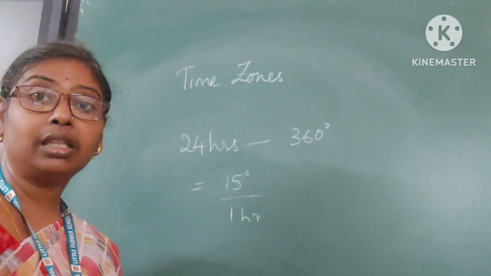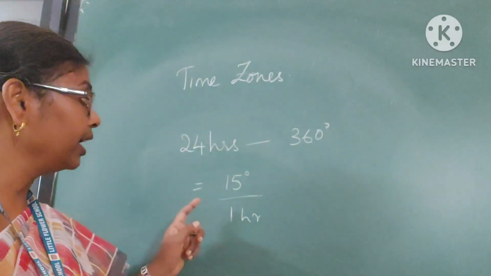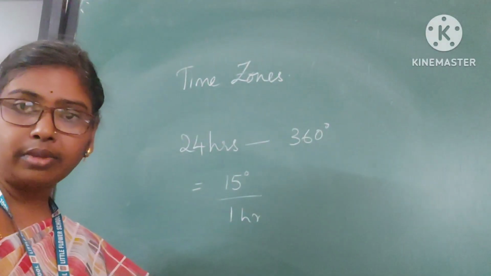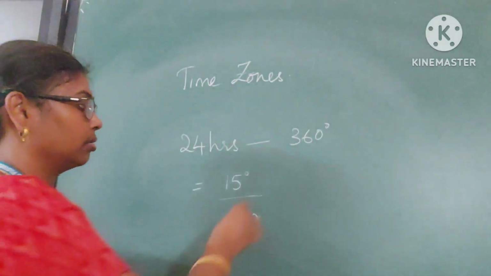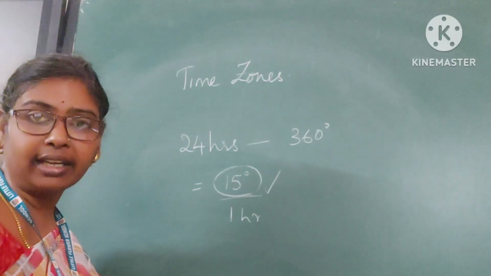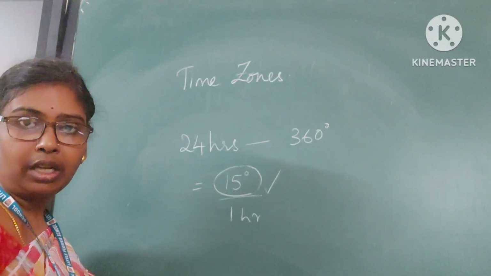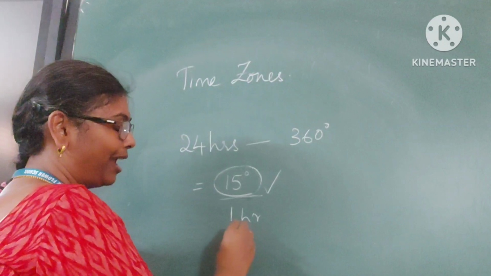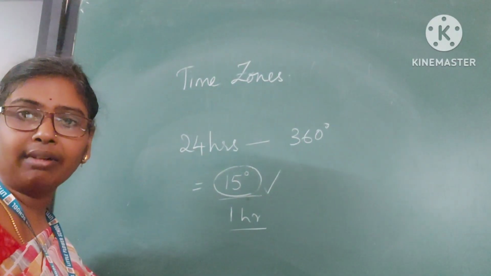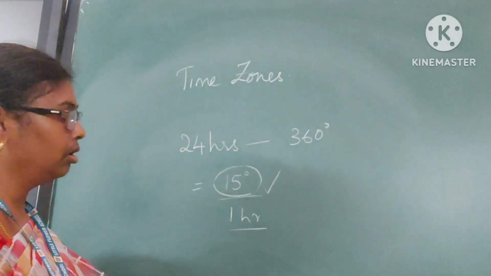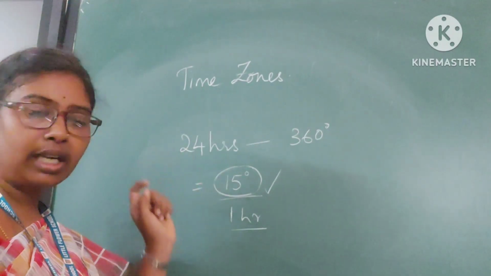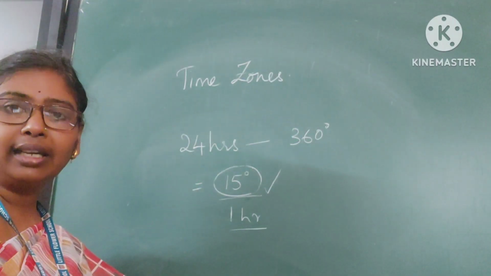That is why the total world is divided into 24 time zones on the basis of this 15 degree breakup. For every 1 hour we will have one time zone. So how many time zones will we have? 24 time zones.